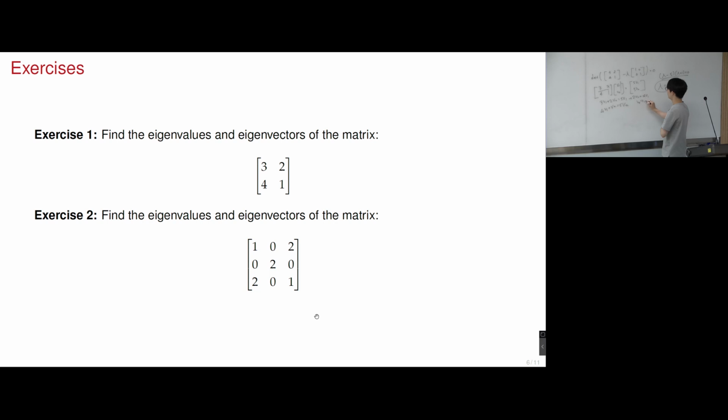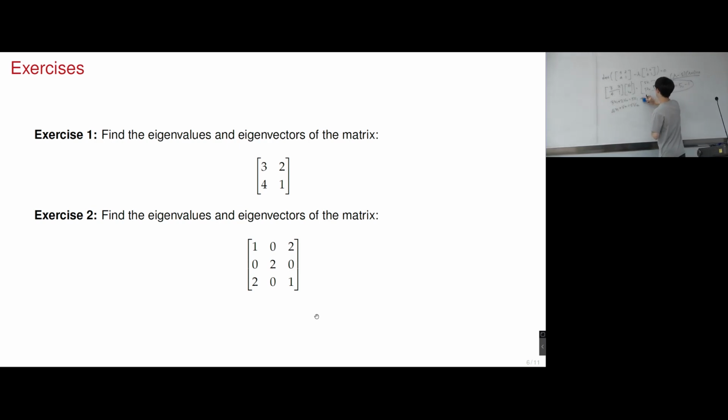All right. So what this tells us is that v1 equals v2, right? So as long as v1 and v2 are the same, all these non-zero values are going to be eigenvectors for this eigenvalue 5. Let's try.